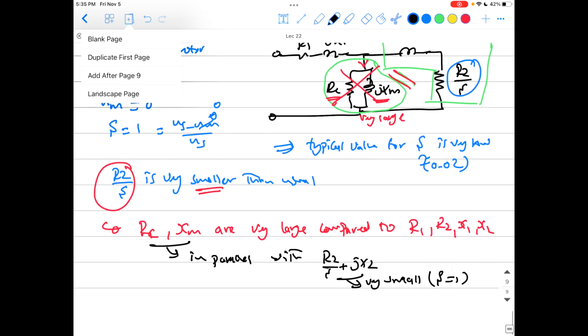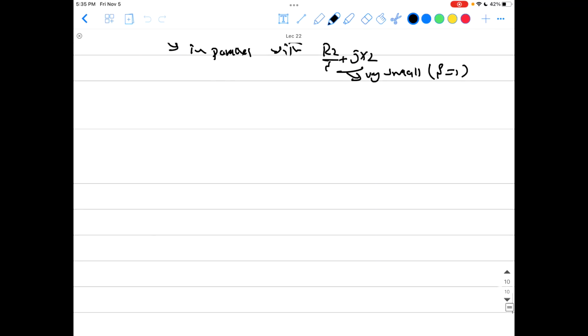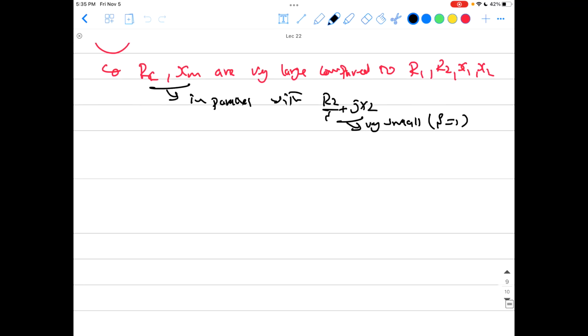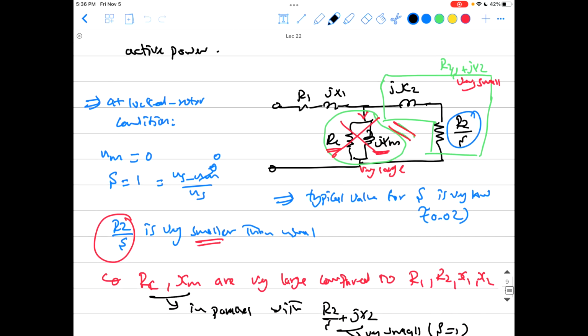Okay, so we can ignore RC and XM altogether for this specific condition, because S now equals 1 for the locked rotor condition. And that's what we meant from the beginning. We locked the rotor to maintain the slip equals 1, so that the resistance of the rotor is much smaller than its usual value, and that means the whole shunt elements representing the core, RC and XM, can be ignored.